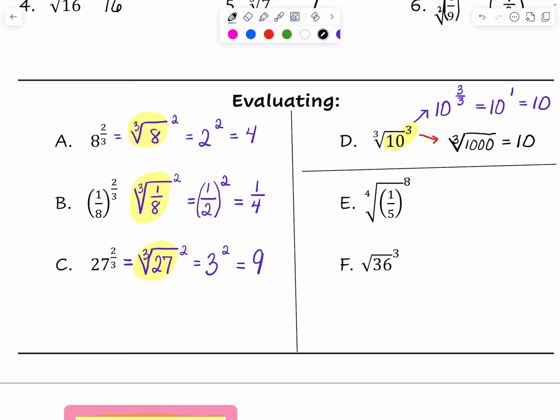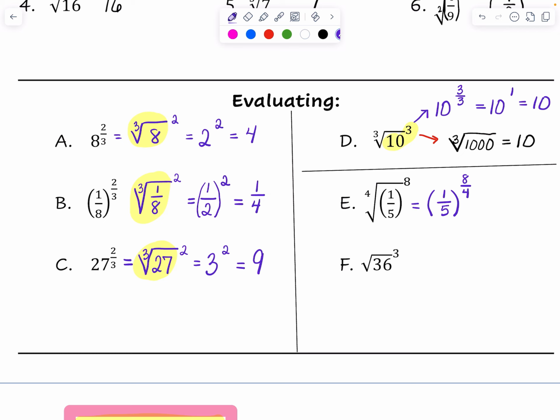Okay, so let's look at this next one. The fourth root of 1/5 to the power of 8. Well, if I know that I don't understand that, I'm going to convert that into a rational. So I'm going to have 1/5 to the power of 8 over 4. Oh, that didn't help a whole lot.